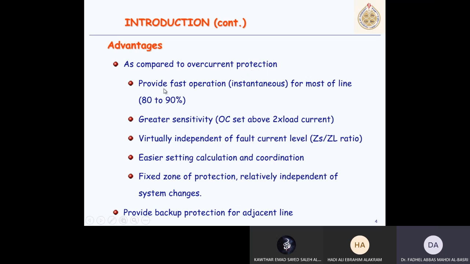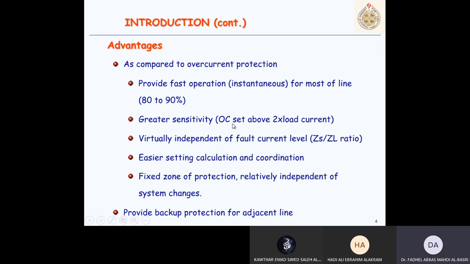It provides fast operation, instantaneous for most of the line, from 80 to 90%. If a fault occurs in the transmission line, within 80 to 90% of that line, that fault will be cleared instantaneously. So that's comparable to the instantaneous overcurrent relay. However, the reach here is almost constant, as compared to the reach of the overcurrent, which can change.